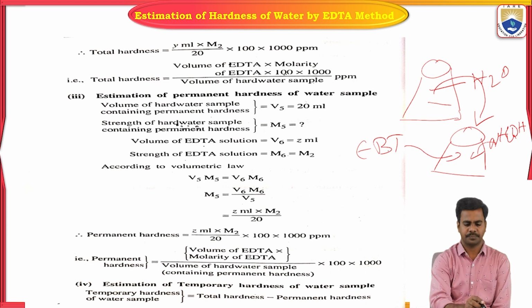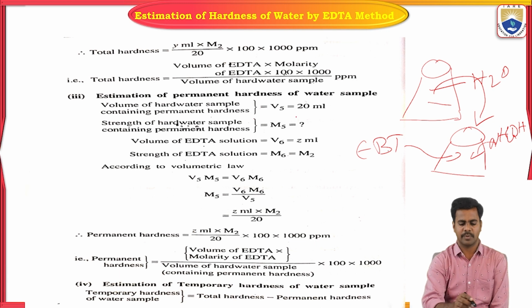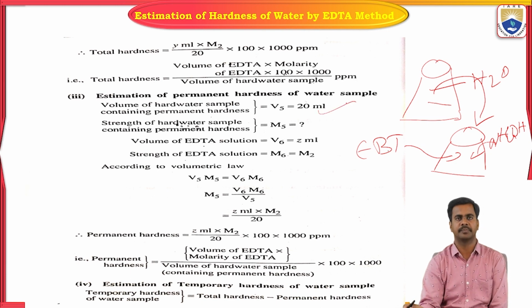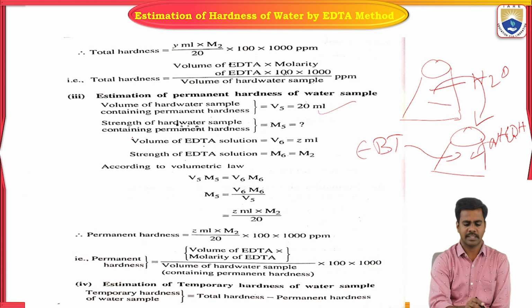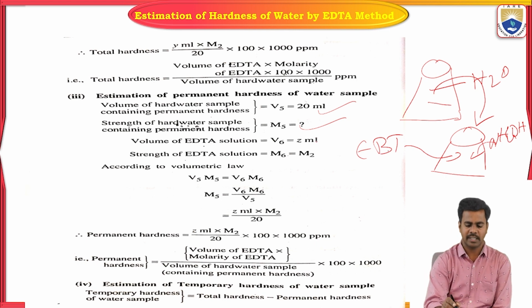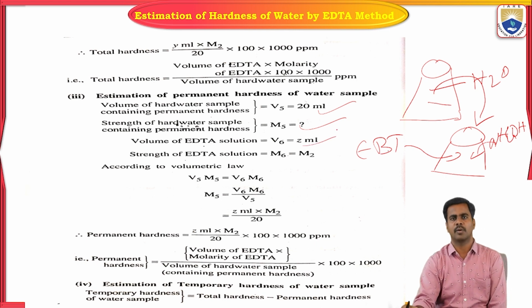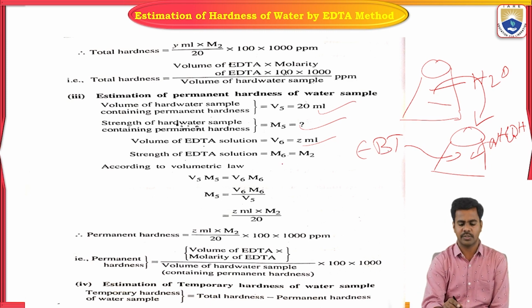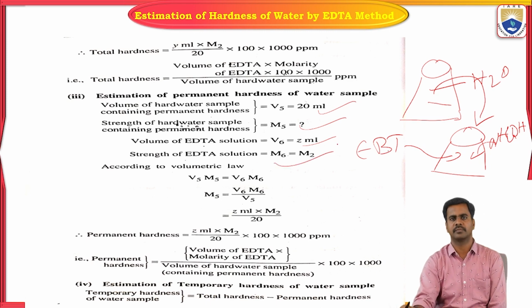Then by using these formulas: the volume of hard water sample V5 taken into the conical flask is 20 ml, the strength of the hard water sample containing permanent hardness is M5, which we don't know, we have to calculate, the volume of EDTA solution is the burette reading Z ml, and the strength of EDTA solution is M6.